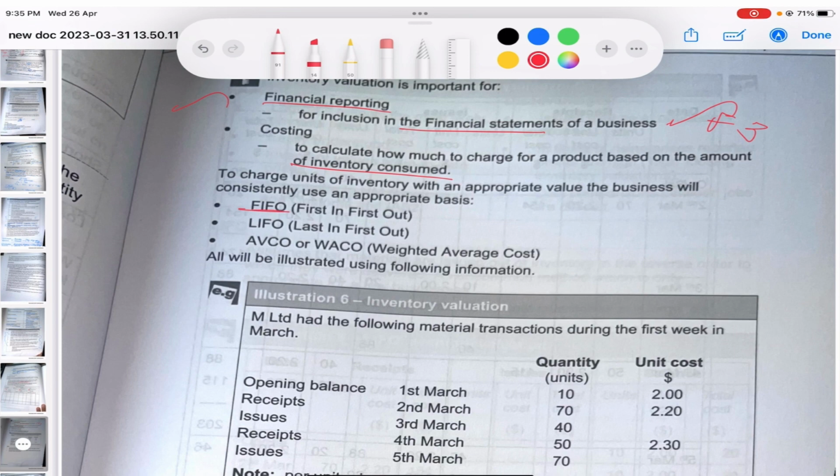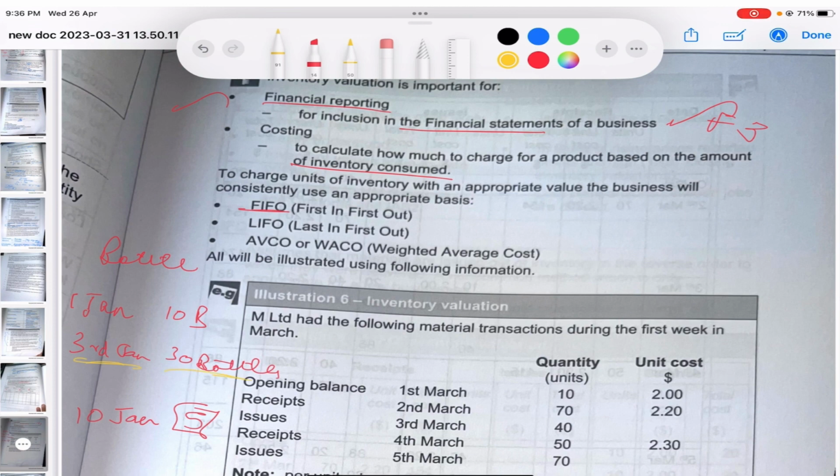FIFO is my first in first out method. What is the first in first out method? Whatever inventory came first is going to go out first. For example, if I have a bottle business and on 1st Jan I purchase, let's say, 10 bottles, on 3rd Jan I purchase, let's say, 30 bottles, and now I have an order on, let's say, 10th Jan, where somebody wants to purchase 5 bottles, which bottles am I going to subtract?